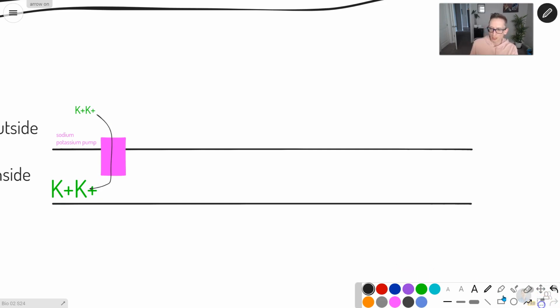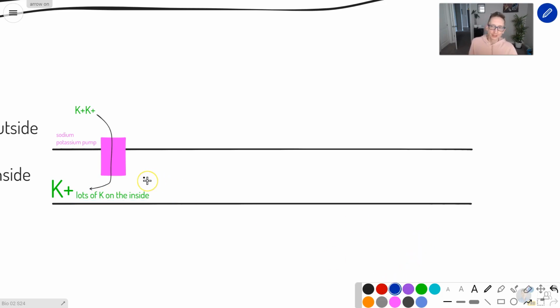A bunch of K. I'm just going to make it real large. So this results in lots of K on the inside. Potassium all up on the inside.